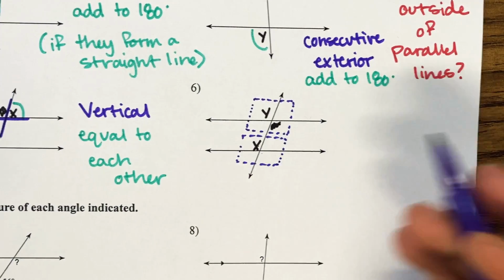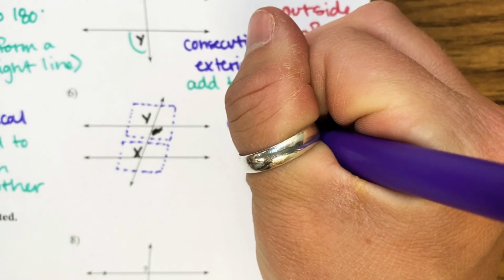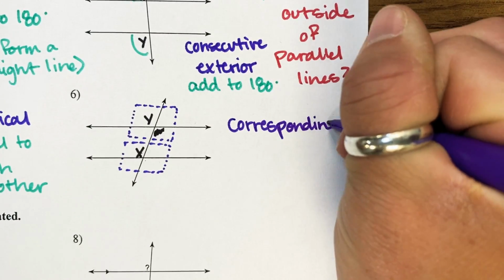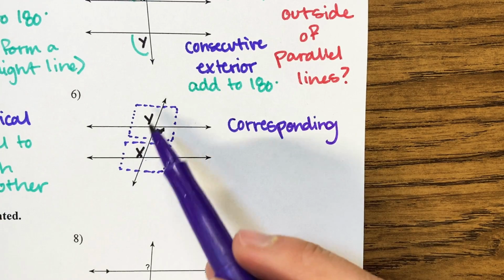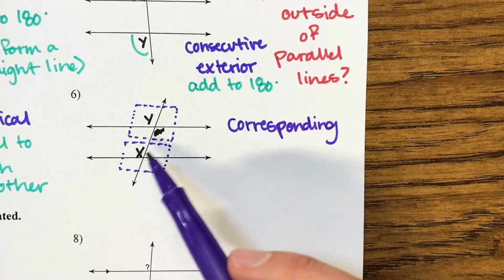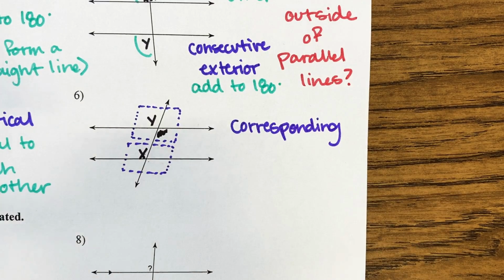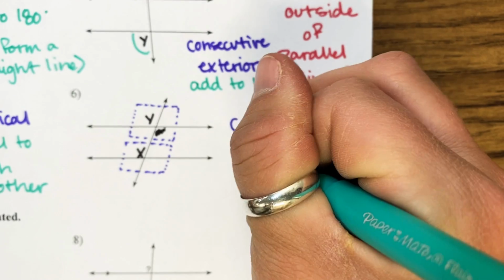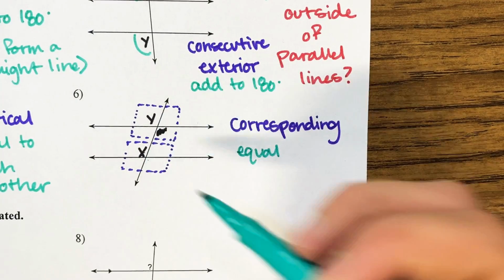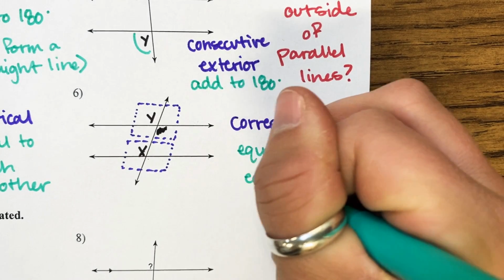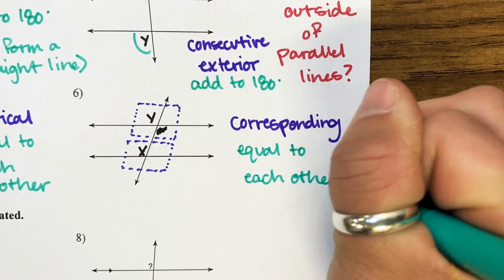So this is what we label as corresponding. They're in the same spots on those little Foursquare courts, top left. Corresponding angles are always equal to each other. So whatever Y is, that means X is also that degree, equal to each other.